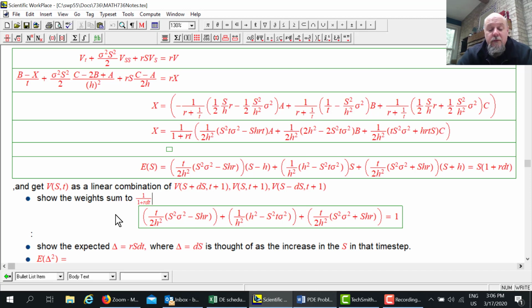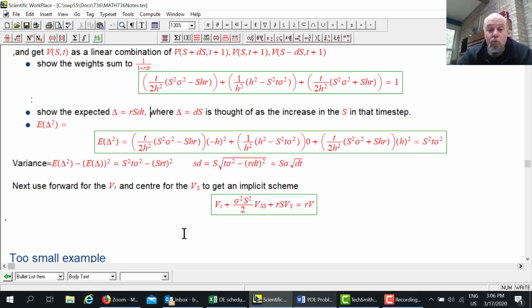Now, the next thing I want to show is the expected change in the stock. This delta is not the delta from how much stock you short. I'm using the notation of the book. This is our expected dS.